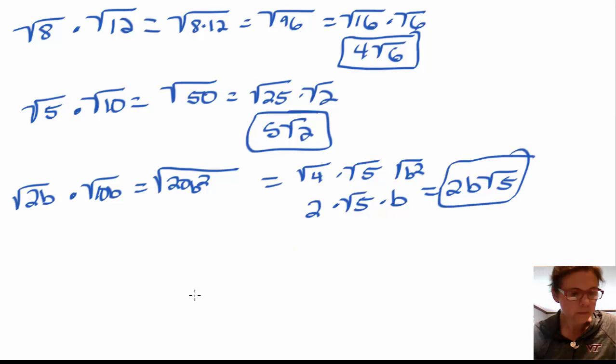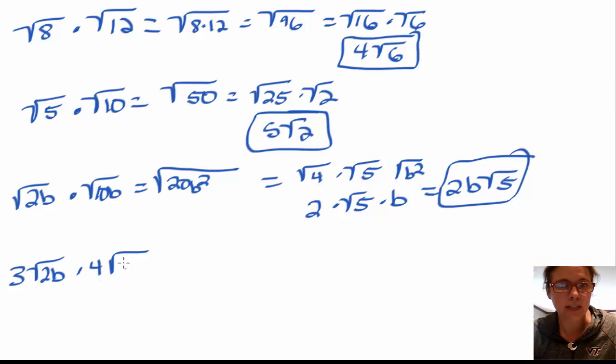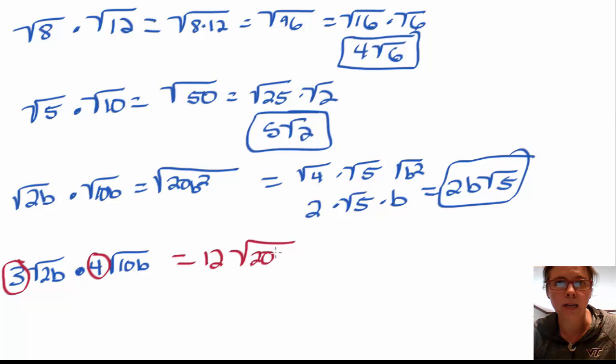All right. Now if we add a little more, 3 square roots of 2b times 4 square roots of 10b. This is important here. You multiply these outside numbers together to get 12 square roots of 20b squared.